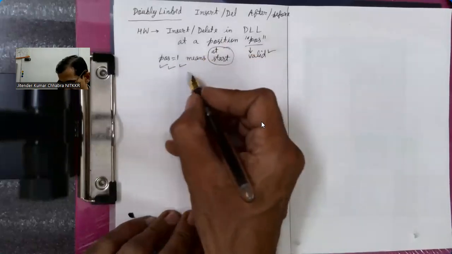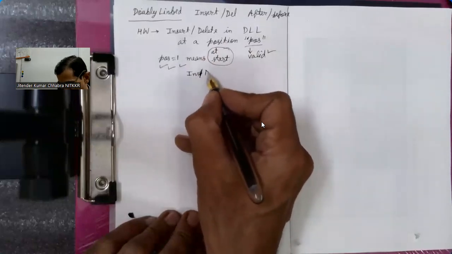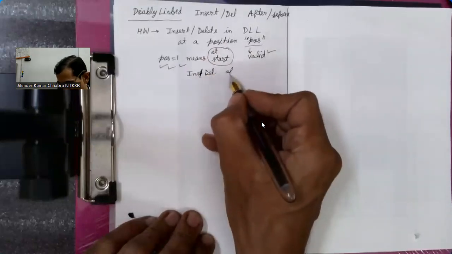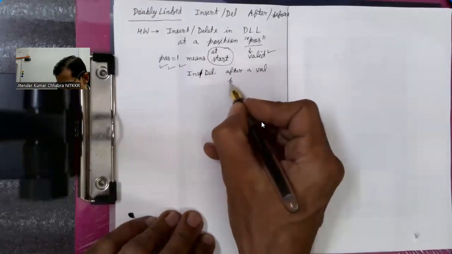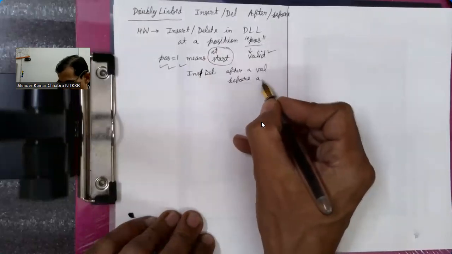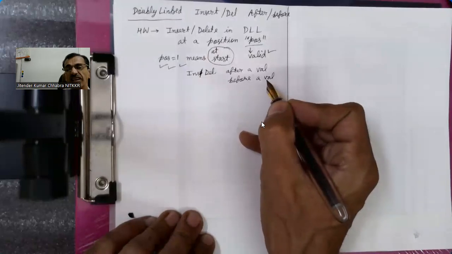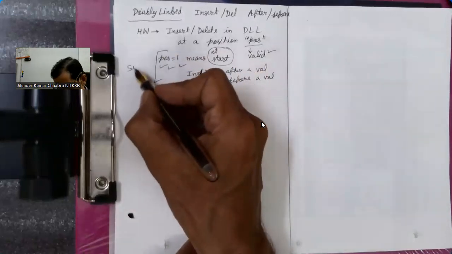Effectively, it is no different from your insert or delete after and before that you have done. So after a value you have done and before a value also you have done. So nothing special. Special cases are like if it is the first node, take that as a separate case and the rest everything is exactly the same as you have already done for singly linked list.